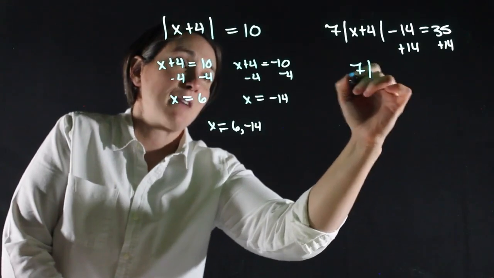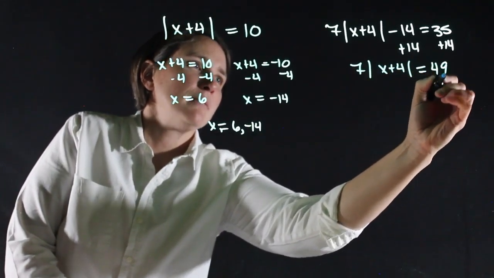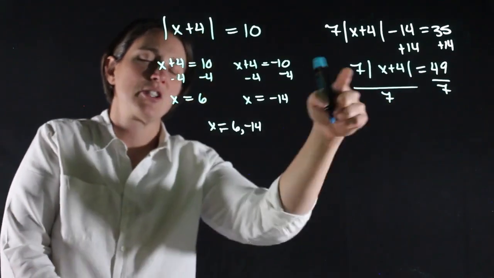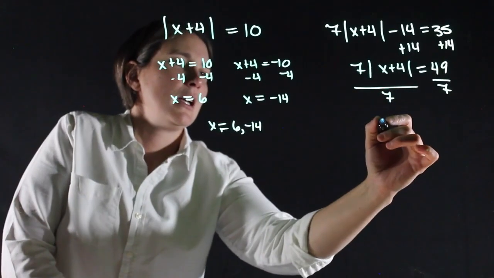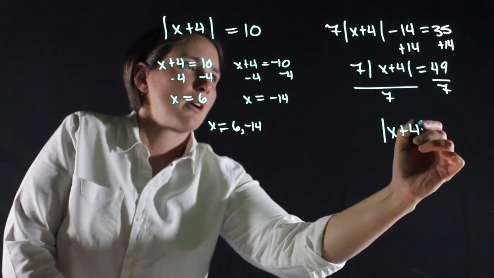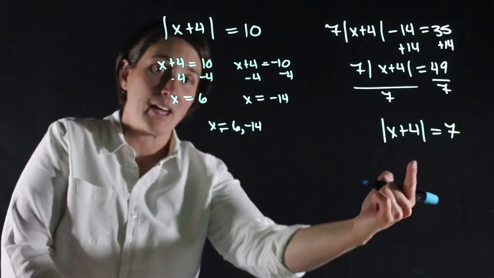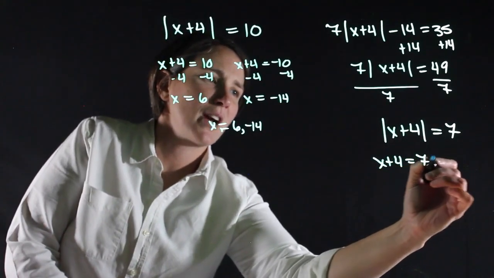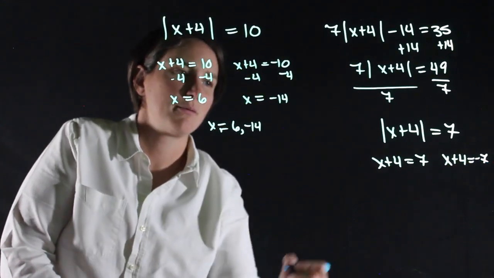We get 7 times the absolute value of x plus 4 equals 49. We're going to isolate by using the inverse operation of division to take away the 7 times. And we have the absolute value of x plus 4 equals 7. Now that the absolute value is isolated, we have x plus 4 in the positive direction, x plus 4 in the negative direction.